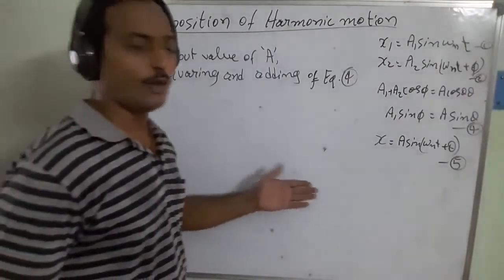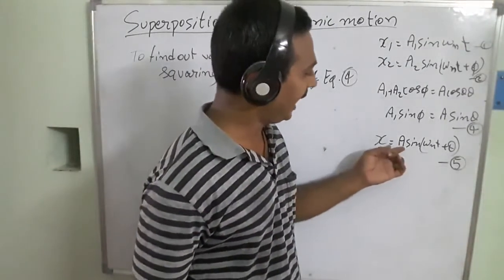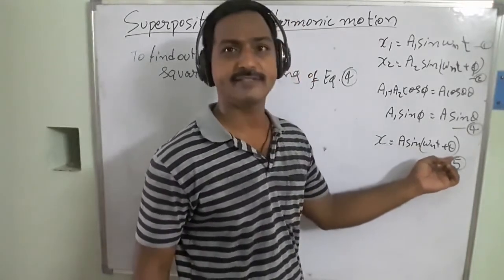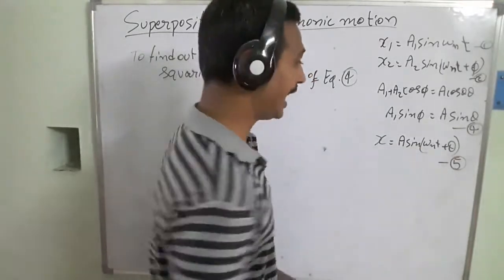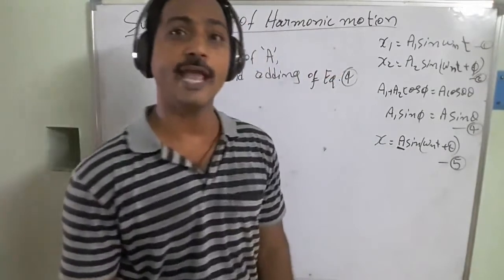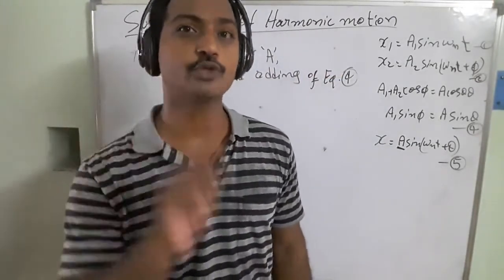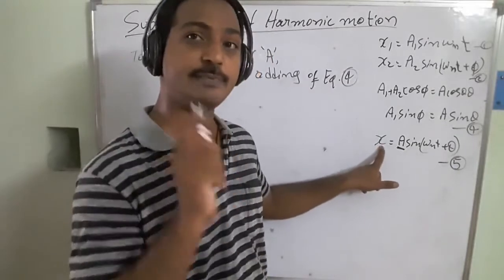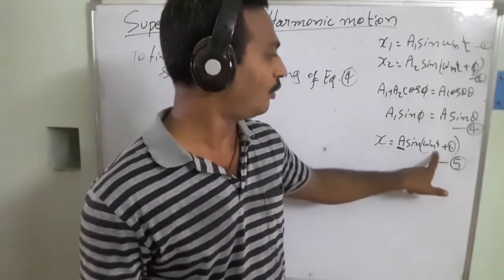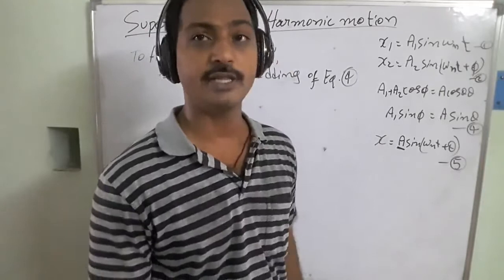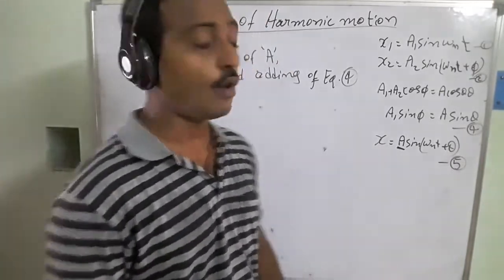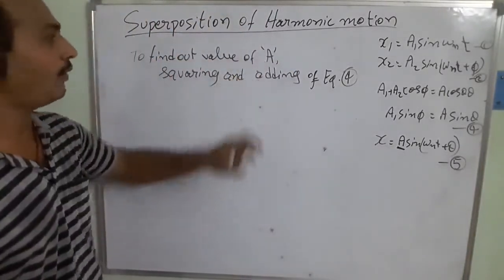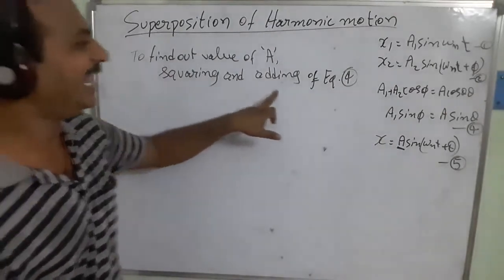From the derivation we got x is equal to A sin(ωnt plus θ). Alright, so then how could you calculate the value of A? A is the amplitude of the resultant motion of the vibrating part, x is the resultant displacement of the vibrating system, and ωnt plus θ is the phase of the resultant. So how could you calculate the value of A? I am going to square and add the equations in equation 4.